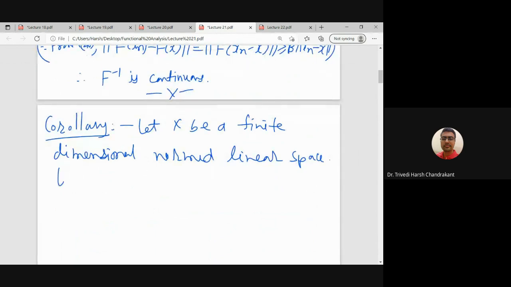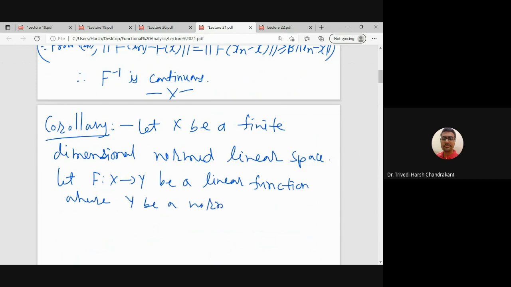So we know that f is a function from X to Y, be a linear function where Y be another normed linear space. So Y may be X also, Y may not be X also.